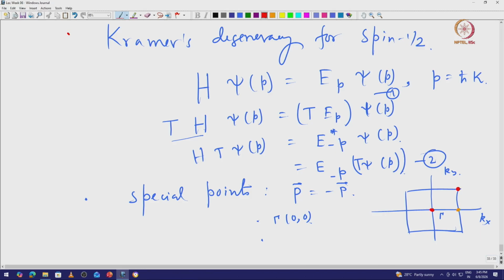This is the gamma point, high symmetric points. So, this point whose minus k is this one, but these two are related to each other by reciprocal lattice vectors.